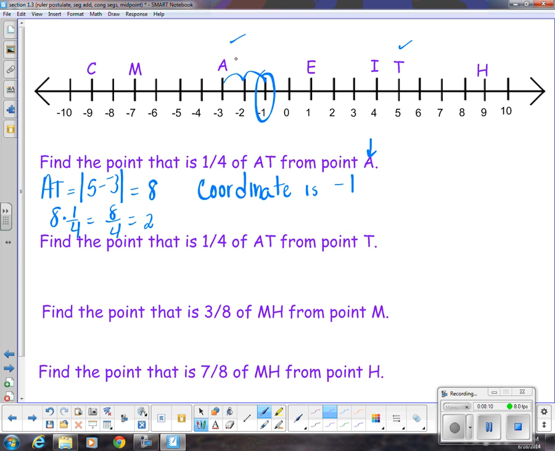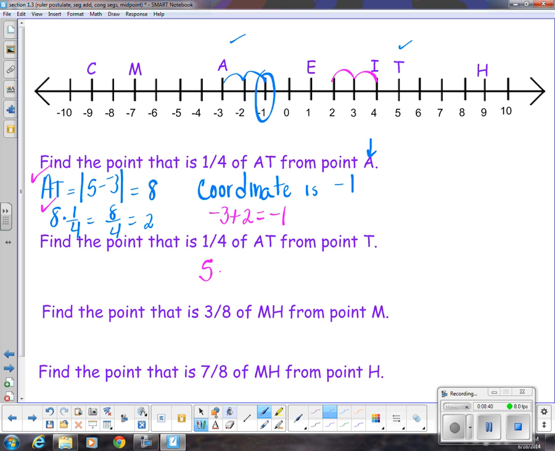All right, now find the point that is 1/4 of AT from point T. So now instead of from A, I have to go 1/4 from T. I still can use what's up here. I still find the length from A to T, which I have. I take my 8 and multiply by 1/4, which is 2. Before, I said -3 plus 2 equals -1. Now I start at T. T is 5, and I'm going to be going this way.